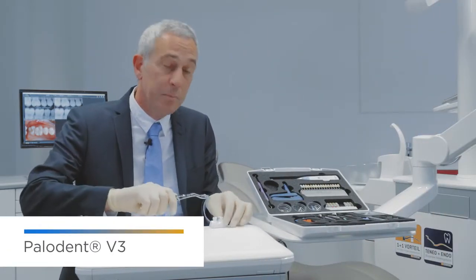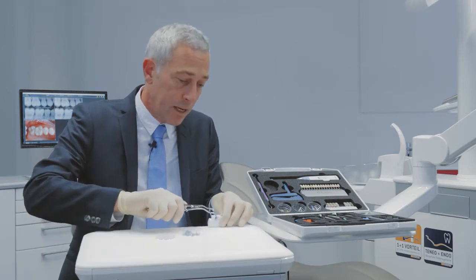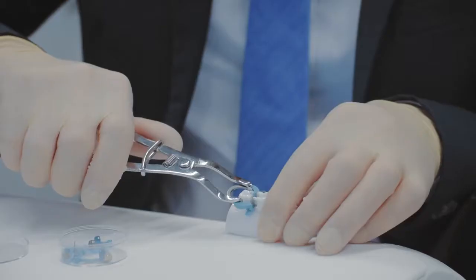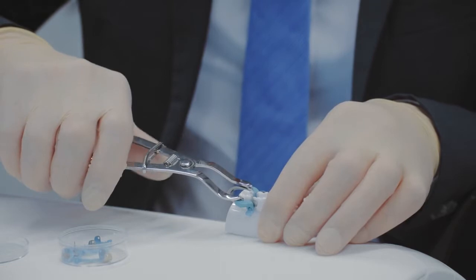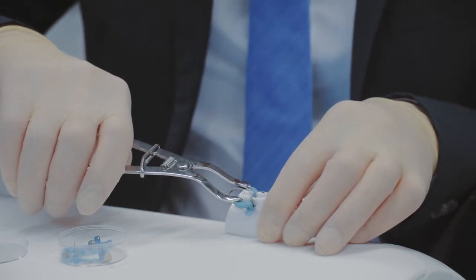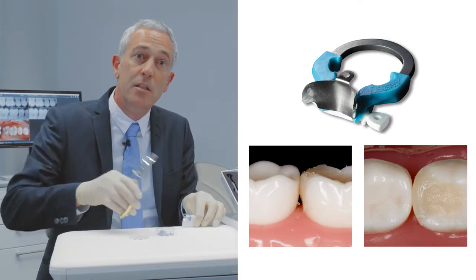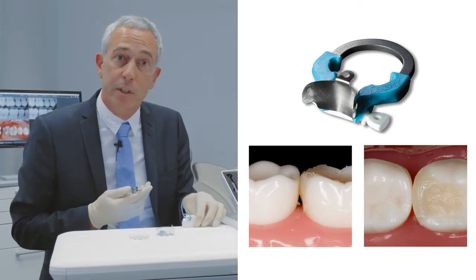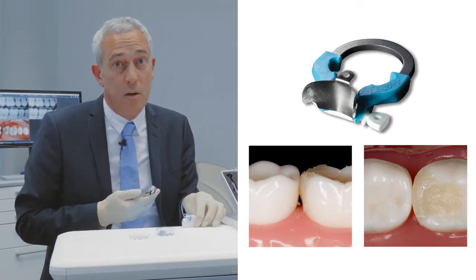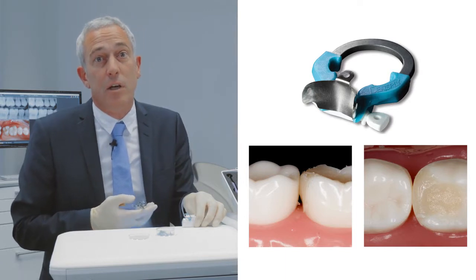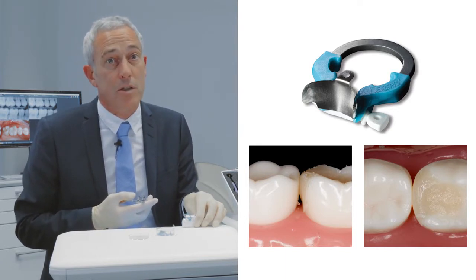The use of Palodent V3 enables the creation of natural contour and natural contact points. This will dramatically minimize the finishing time for the dentist, so the use of Palodent V3 saves time and money for the dentist and at the same time increases the quality of the restoration.